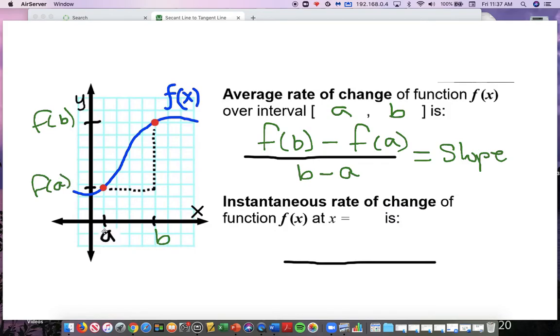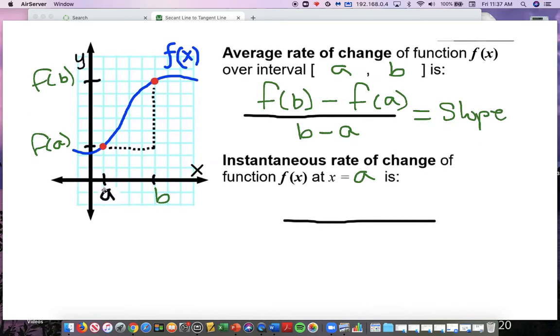The instantaneous rate of change of a function at f of x equaling a. Now what we're doing is something a little bit different, because now we're trying to squeeze these points together. We're trying to move that point together. Well, instead of talking about this being b, I'll leave it there as b, but I'll change colors a little bit.